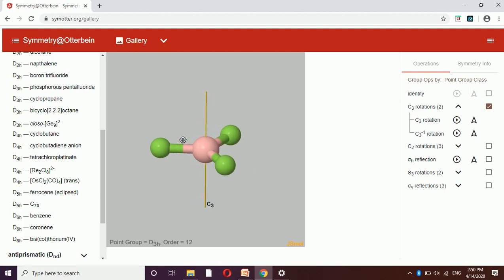I will explain later what is C3. Just play it. You see it has been rotated through an angle of 120 degree and its positions are changed, and the new image is indistinguishable from the initial one. So this is a rotation operation.